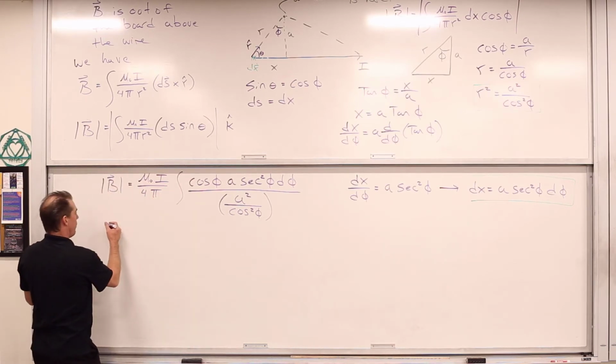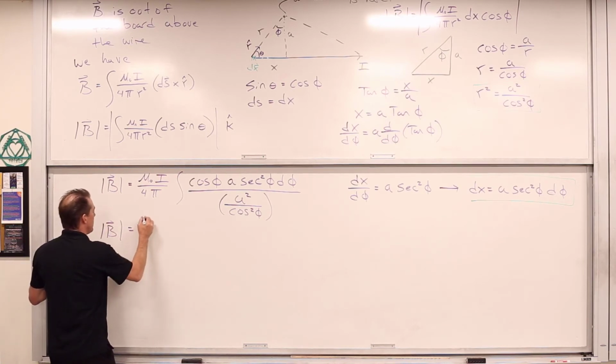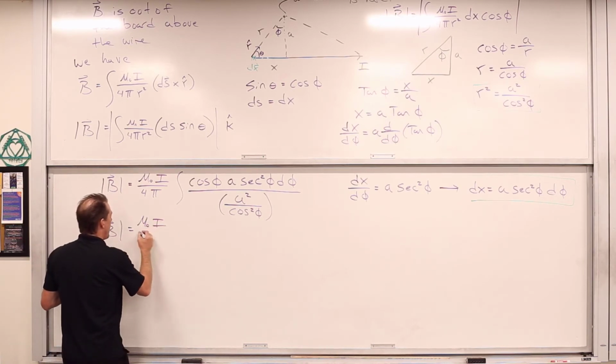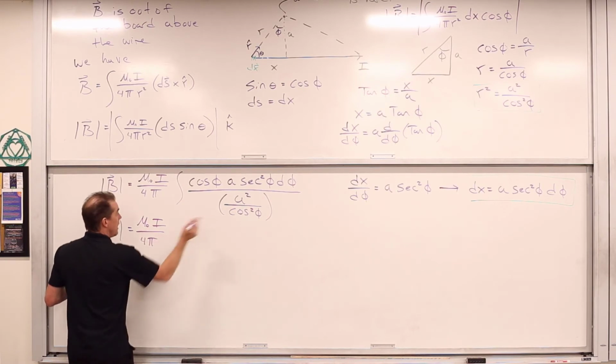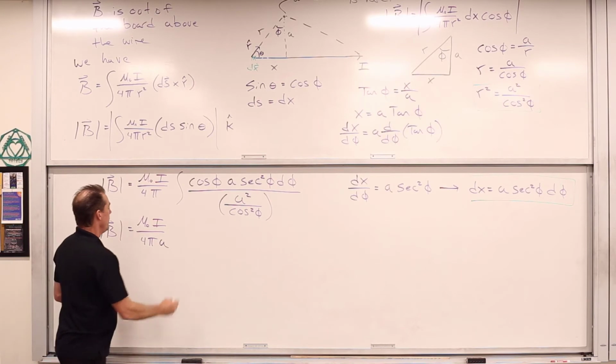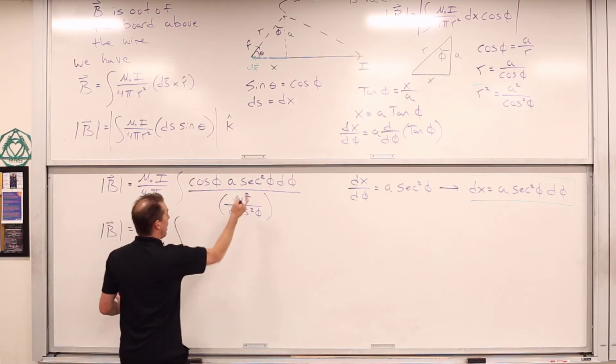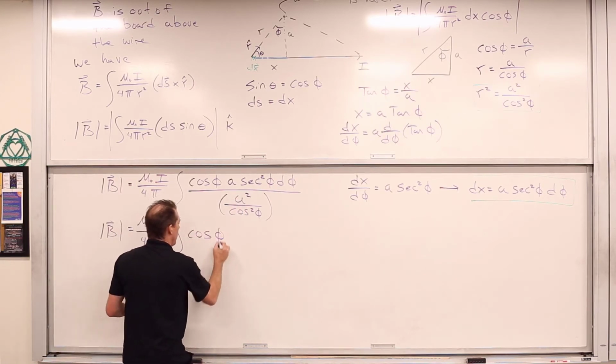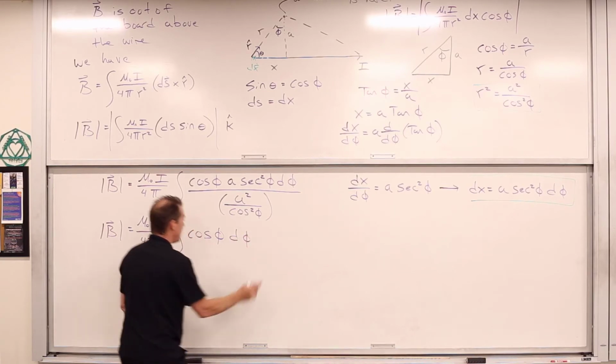So in the end, the magnitude of B is going to be equal to mu 0 I over 4 pi. I'm going to pull this A out because that is just a constant value. And then we've got the integral of the cosine of phi d phi.